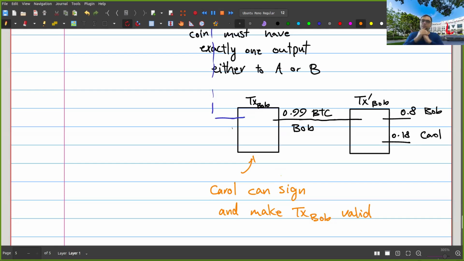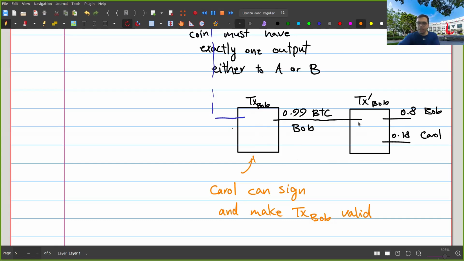Okay? So again, the attack is just a little bit more complicated. Bob is going to create both of these transactions. He's going to sign both of them, and then he's going to send the signed versions of both of these transactions to Carol. Then Carol sees that if she signs, the first transaction becomes valid.